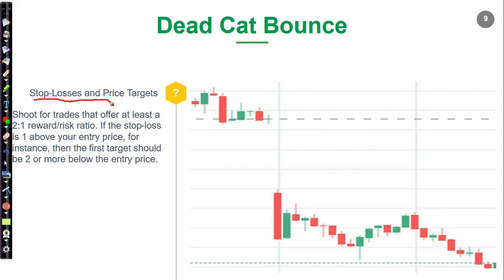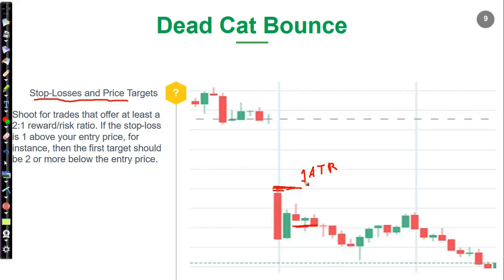Stop loss and price target. Once we place our sell order below this candle, we place the stop loss at least one ATR above this opening point, somewhere here, or you can say the higher point, this 5-minute higher point, one ATR above this candle.